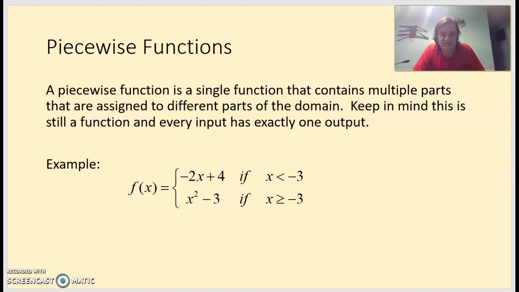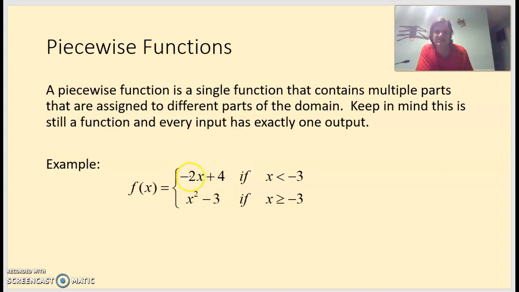A piecewise function is a single function that contains multiple parts that are assigned to different parts of the domain. Keep in mind this is still a function, so every input has exactly one output. So what we have down here to clarify is f of x, and then we see a two-piece function.